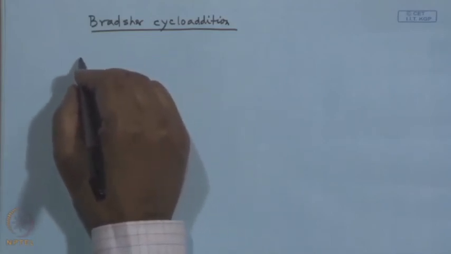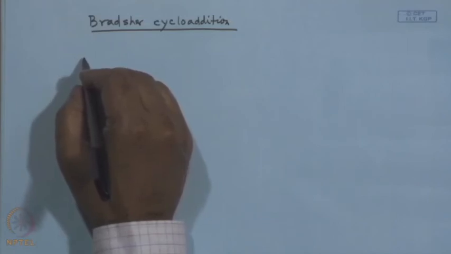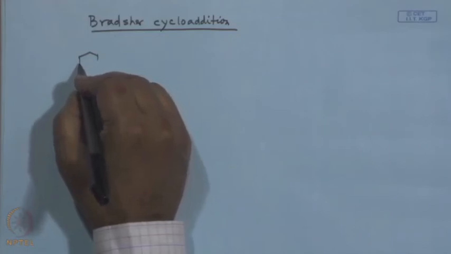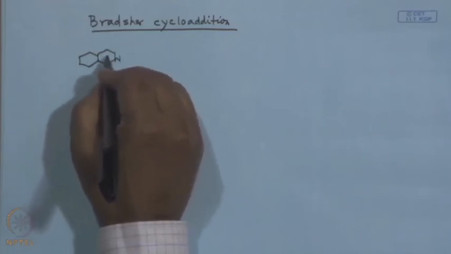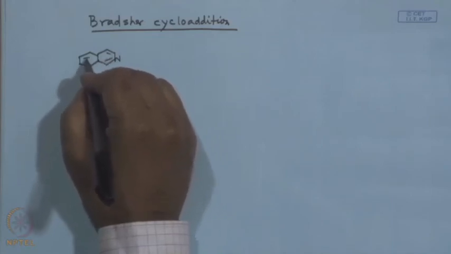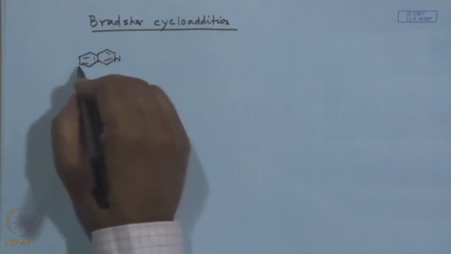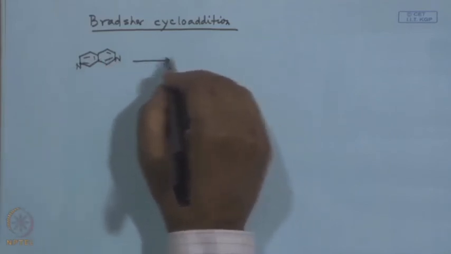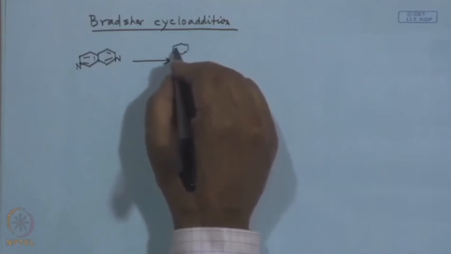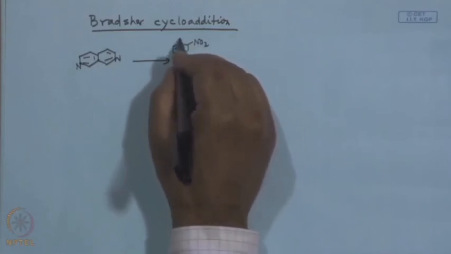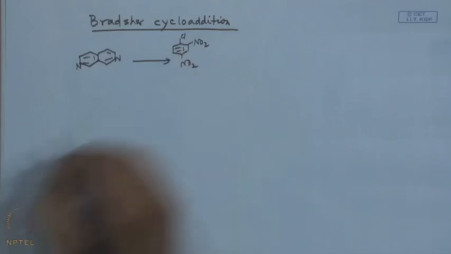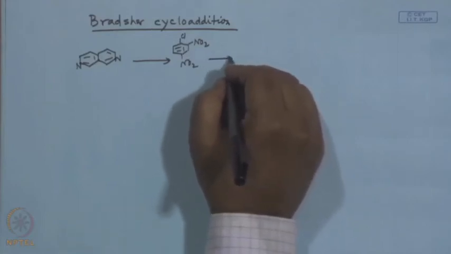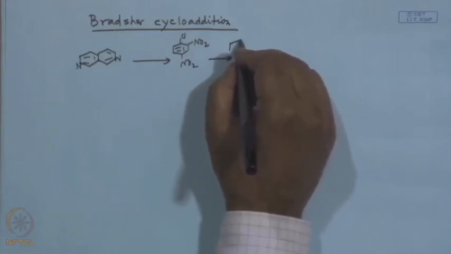But if the pyridine nucleus is part of a bicyclic system, in this case you will see you have an aza isoquinoline derivative, and there is a nitrogen, and you first treat this with dinitrochlorobenzene, and then a very interesting reaction.